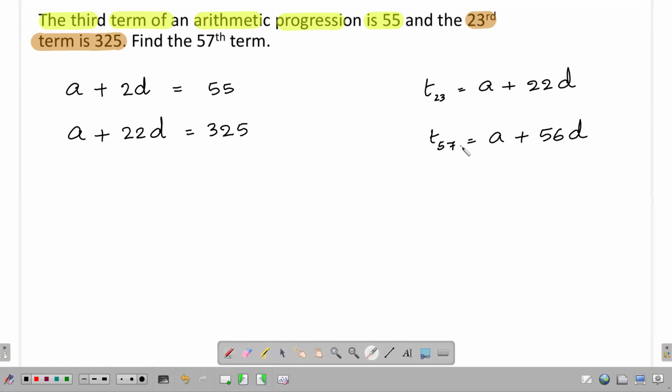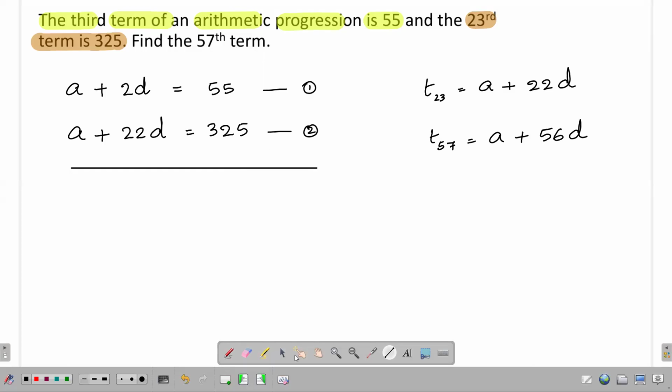So for finding that 57th term, we need to know what a is and what d, the common difference, is. This is the first equation, and this is the second equation. We have to solve this with the help of a and d.